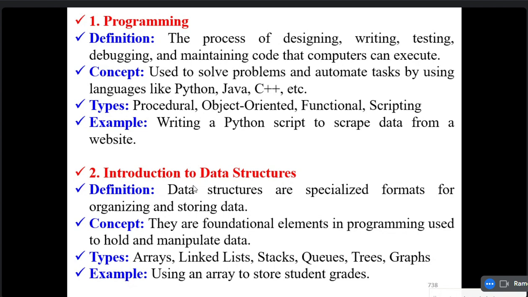Then types: C is a procedural language, and Python, Java, C++ are object-oriented programming languages, and functional and scripting. C is functional, C++ is also a functional programming language. What is the meaning of functional?